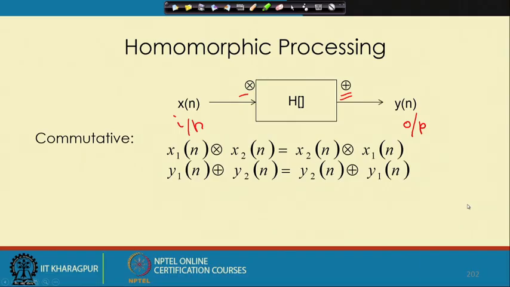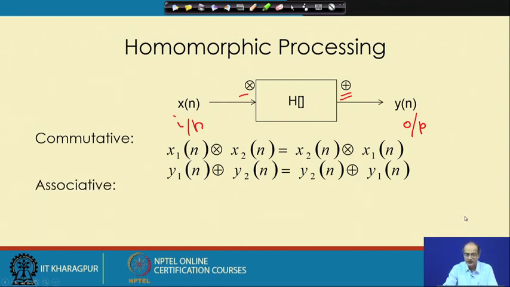If we add two numbers, a plus b, and change the order, b plus a, we get the same result. So, these operators, cross and plus, both are commutative, which is one of the properties they need to follow.